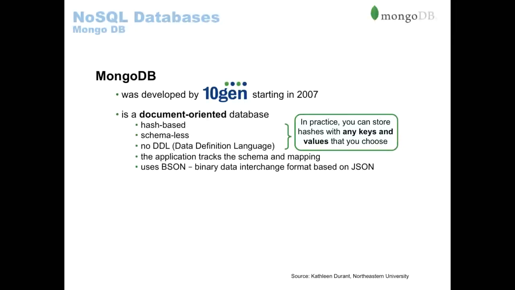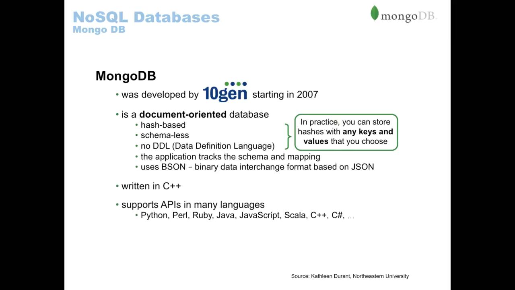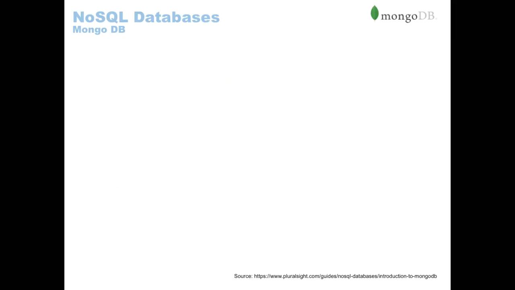The application needs to be aware of the schema and the mapping, and it uses BSON, which is a binary format that's based on JSON. It's written in C++, and it supports APIs in many different languages. This is just a few.